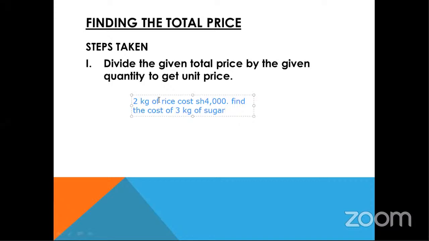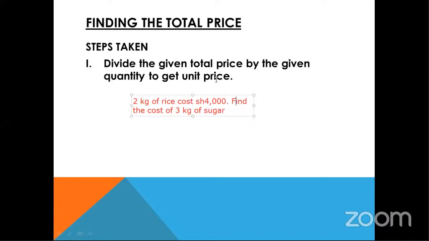Now, remember that for you to find the cost of 3 kilograms, we need to multiply. So there is need for us to know how much 1 kilogram of rice is in this question. That is why the point is saying, first divide the total cost. The total cost here is 4,000.